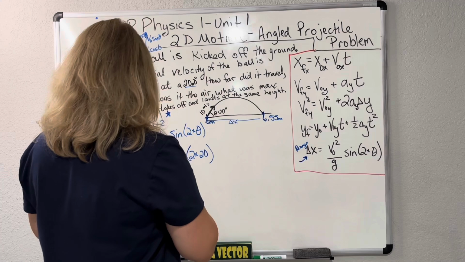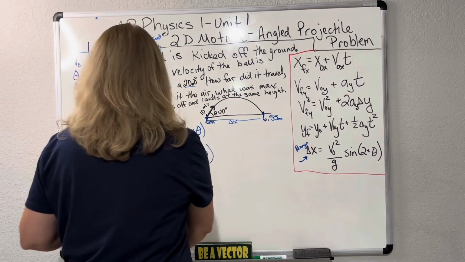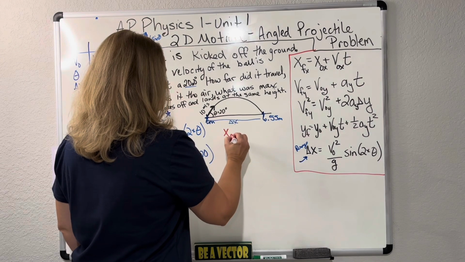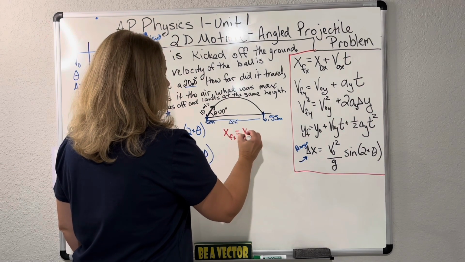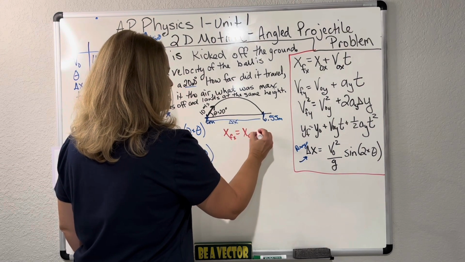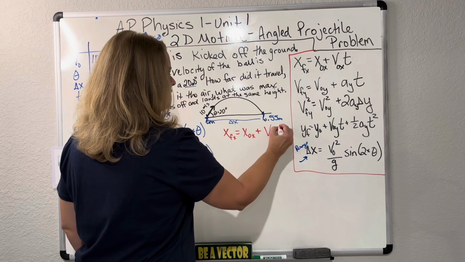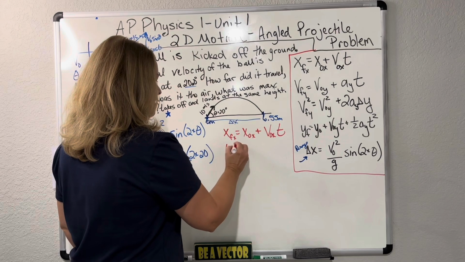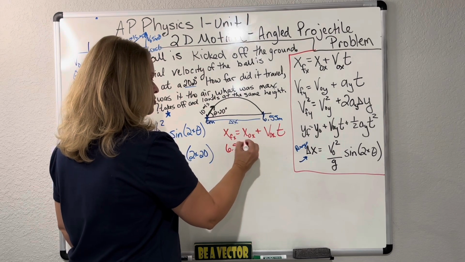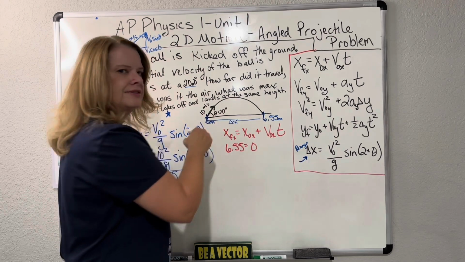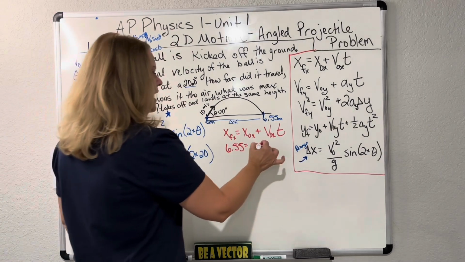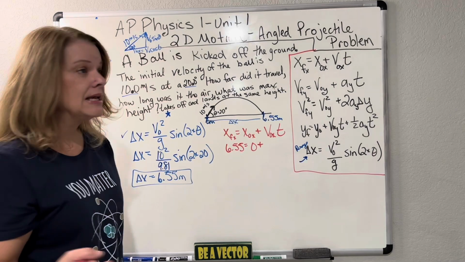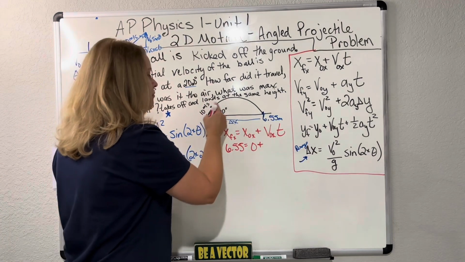I'm going to switch colors here to red, and say I'm using this first one. My final position in the x equals my initial position in the x plus my initial velocity in the x times time. My final position was 6.55. My initial was 0 because I can call this 0 where I start the problem. Then I have my initial velocity in the x, and this is where you can't just plug in 10. It is not the whole velocity.